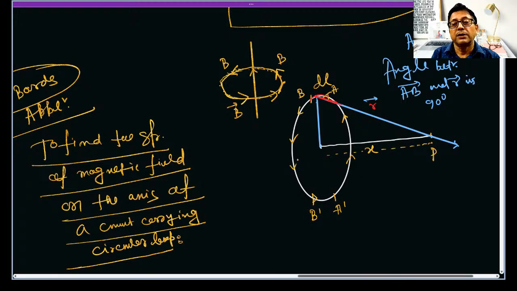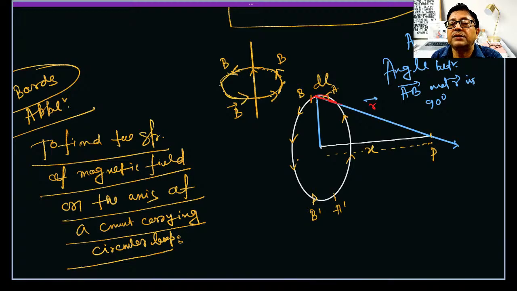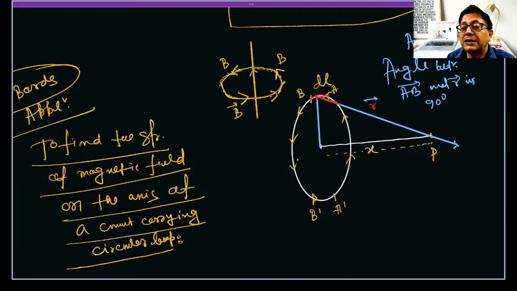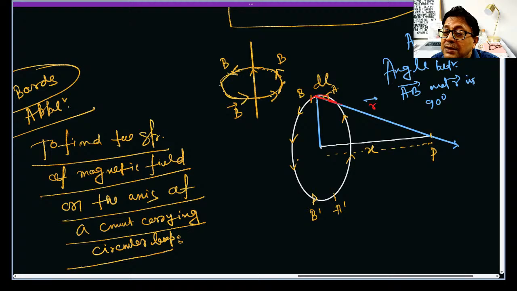Same way here. Now, what is the direction of the magnetic field at P due to this current element? This is the R vector, dl vector. dl is along AB. So the magnetic field, I told you, is perpendicular to both dl and R. At this point no dl is there, there is R only.